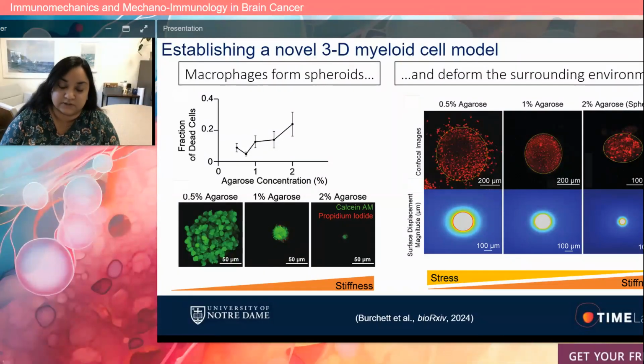The spheroid is modeled here in white, and is based off of this confocal immunofluorescent imaging. But as the gel gets stiffer, we see that not only does the spheroid size decrease, but also the extent of that stress that it's exerting is over a smaller area of the gel as well.